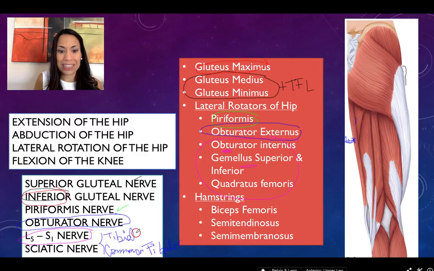Okay, so the tibial nerve innervates all the hamstrings, and you can say it right now, all the muscles of the posterior aspect of the leg, except one, which is the short head of biceps femoris that is innervated by the common fibular nerve.